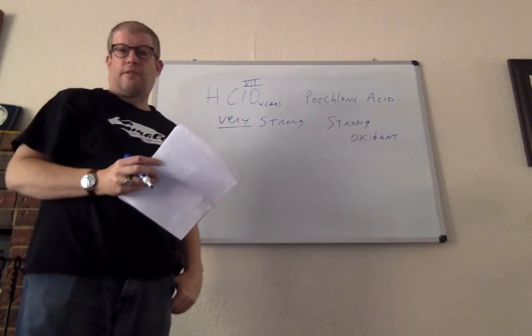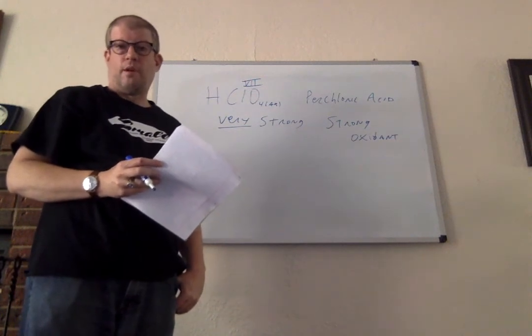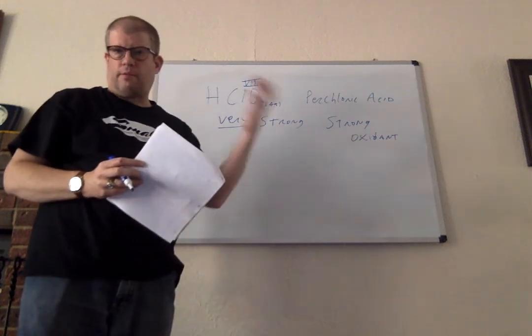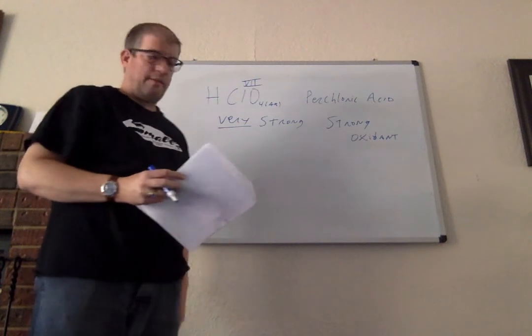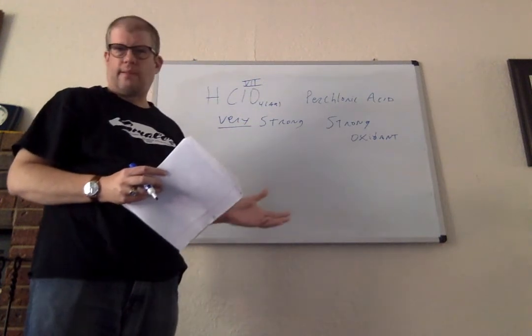In fact, you need to have a special fume hood, that's a perchloric acid fume hood, if you want to work with this stuff. And when you're done, the fume hood will actually wash itself down with water to get rid of any of this stuff that got volatilized. This will react with wood, plastic, all kinds of stuff.